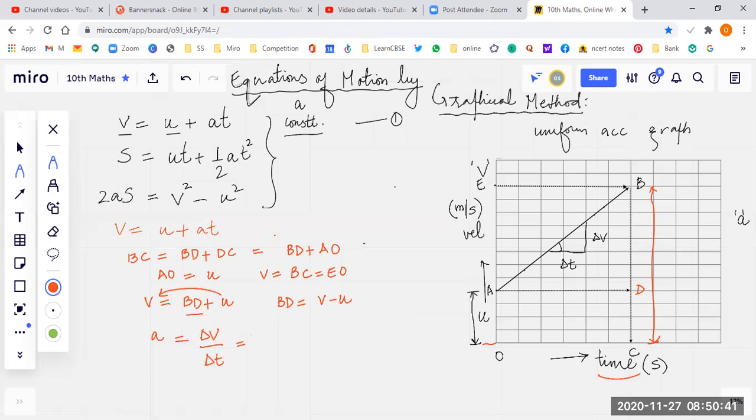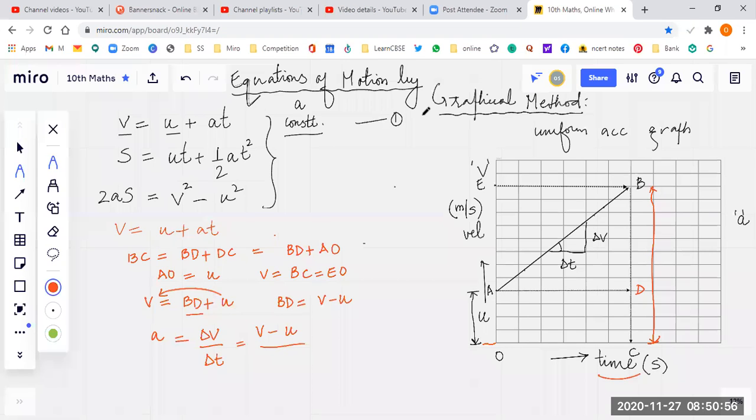It is V, minus, at point A, what is the initial velocity? It is U, divided by the time.